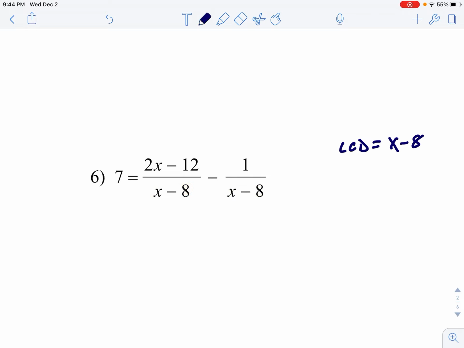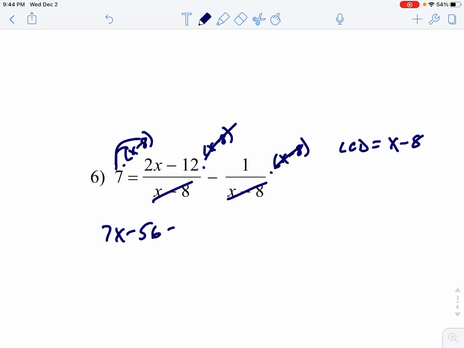So we need to multiply this term by x minus 8, this term times x minus 8, and this term times x minus 8. Now, don't get tempted to FOIL this all together and make a big mess. I mean, you could do that, but since this cancels with this, you don't want to FOIL it. That cancels with that. They're just gone. Now, you will have to distribute this term, so 7x minus 56.